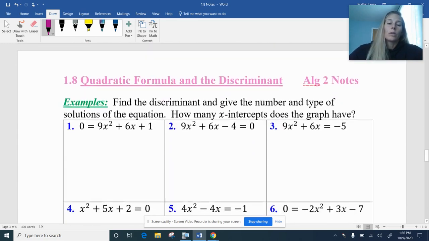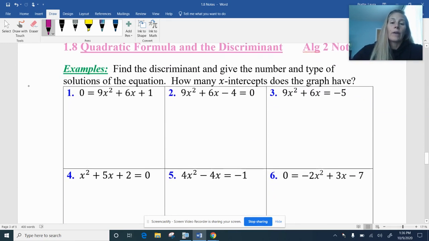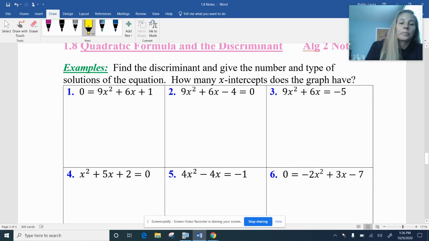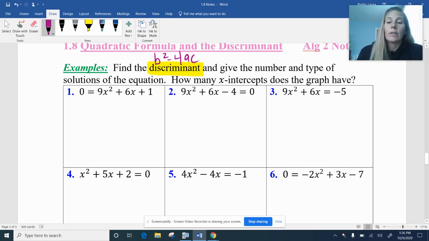Okay, so let's work a little with these discriminants. So finding that discriminant, which is just b squared minus 4ac, and giving the number and type of solutions of the equation. How many x-intercepts does the graph have? So first of all, we have a, b, and c.